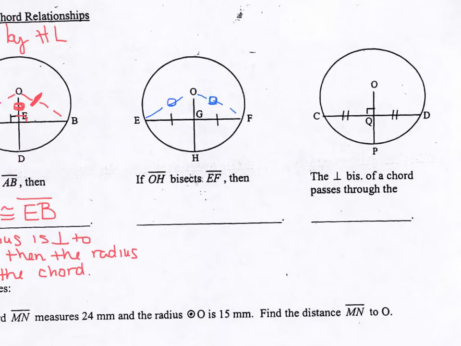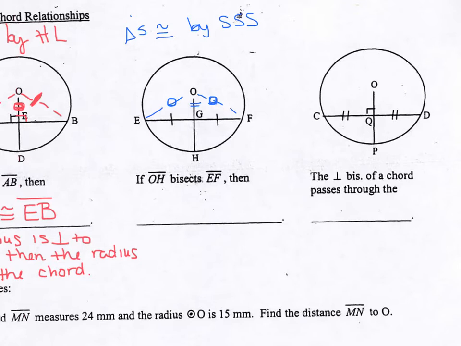I have the bisects, which gets me congruent, and then I can do the reflexive. Just looking at this, I can now see that the triangles are congruent by side, side, side. And as a result, all corresponding parts are congruent. What we care about is proving the converse. We can now say that OGE and OGF are right angles.